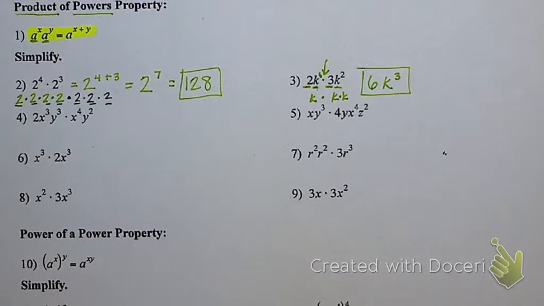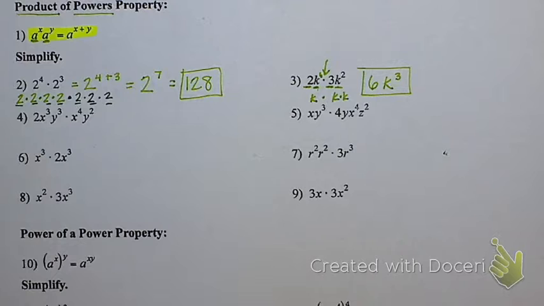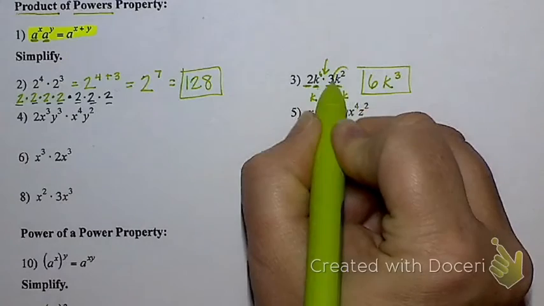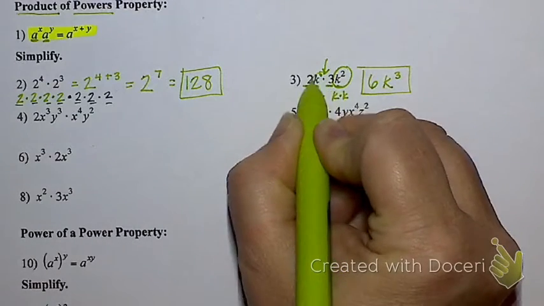So, wait, so you add it both times? What do you mean you add it both times? When the base is the same, then you told us to add the exponents. Mm-hmm. And then for number 3, the base wasn't the same, so you multiply. Good question. The base is the same. The base of the power is just k.